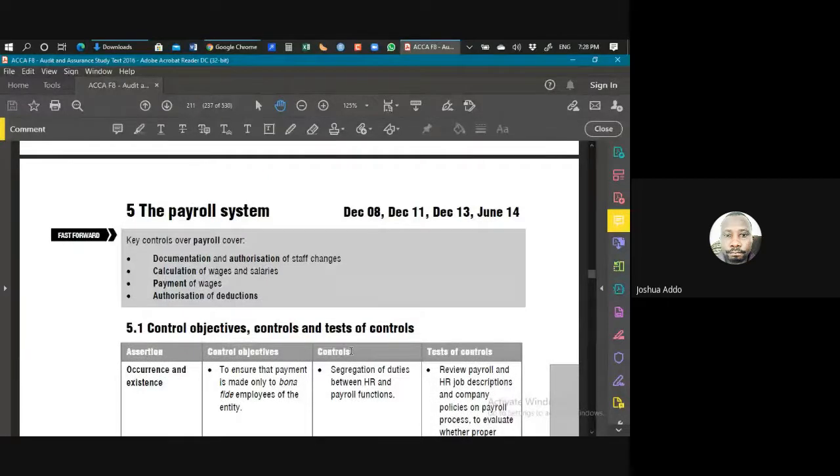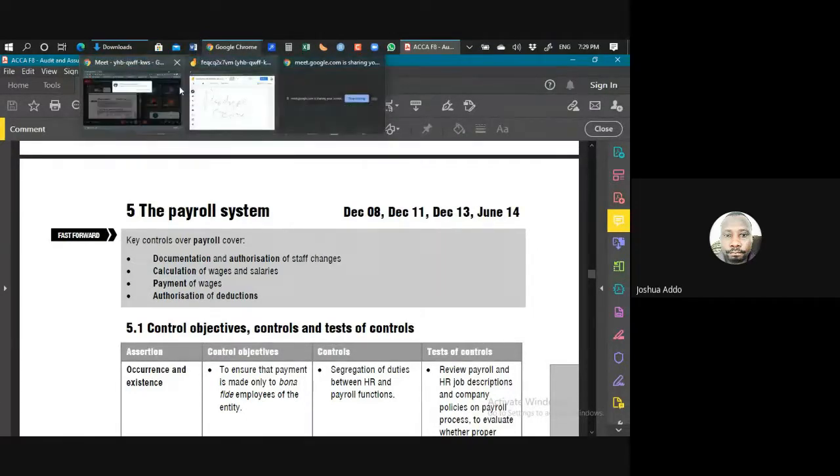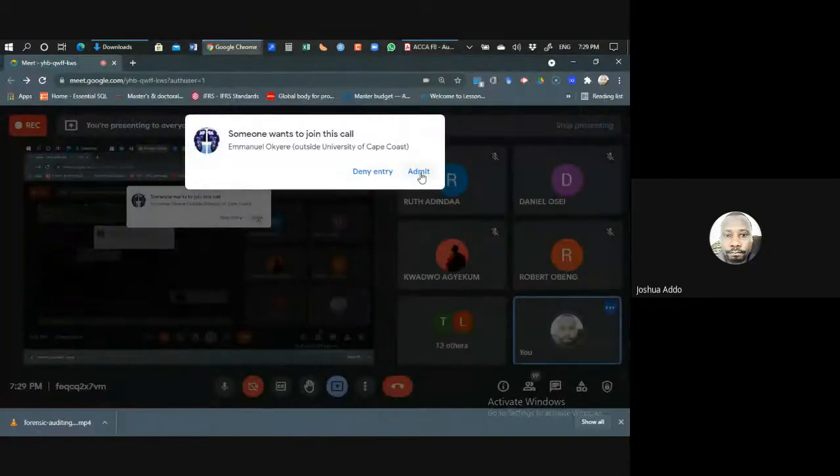Okay, payroll. Without even going through this text, everybody, to a good extent, understands how the payroll system works. Here in the university, we have workers and we have different categories of workers.